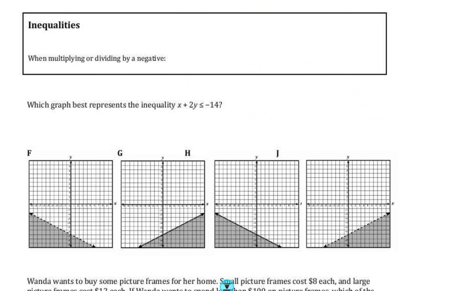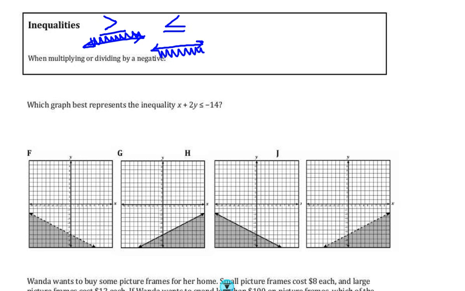All right, last thing to talk about is these inequalities. So remember, if it is greater than or equal to, it's going to be a solid line, and we're going to shade above the solid line. If it is less than or equal to, it's also going to be a solid line, but we will shade below on our graph.